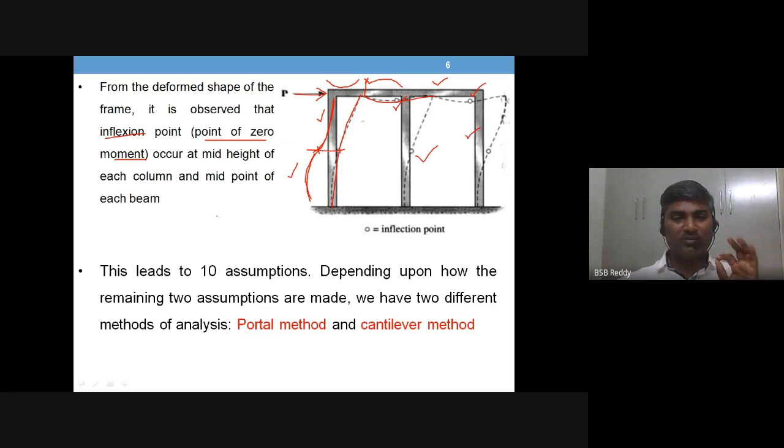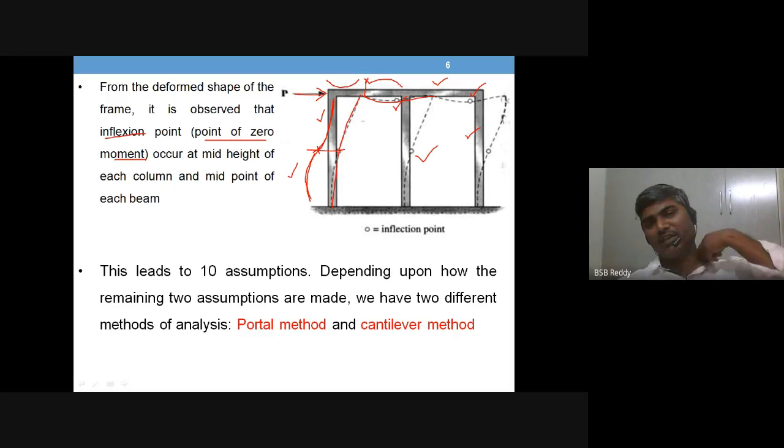So the number of members in a structure determines that many zero moment points. Those are your equations: moment is zero.